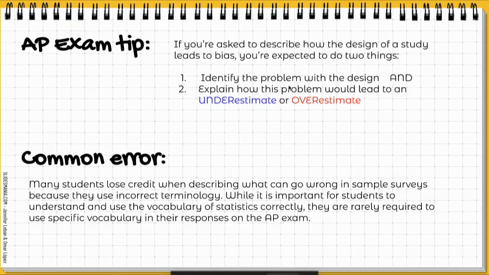Just describe what the problem is and whether it would make the bias, and you don't even have to use the word bias. You just have to describe how it will affect the proportion. Will it increase it, or will it be lower than it normally should?